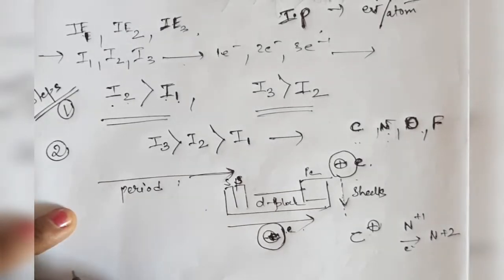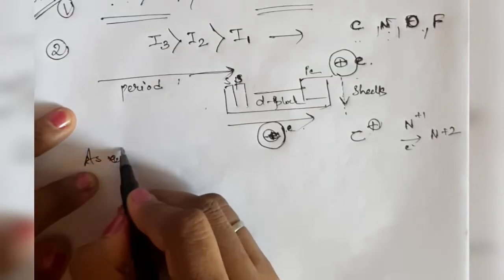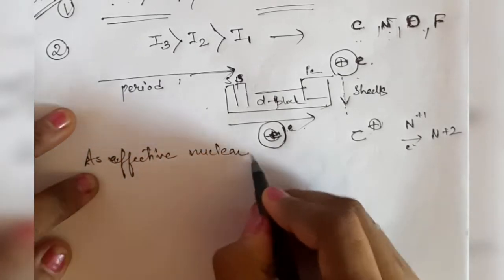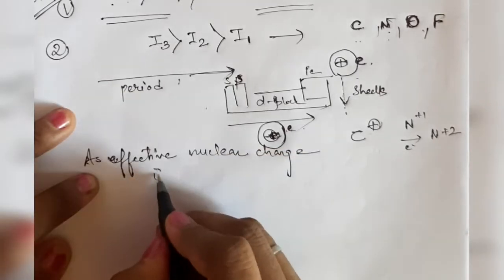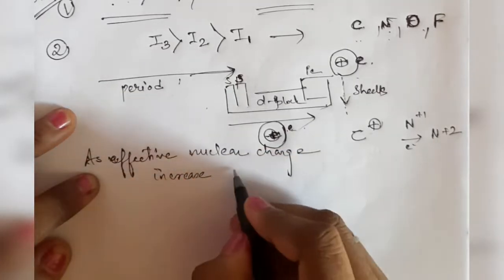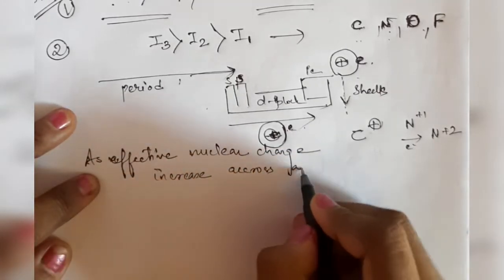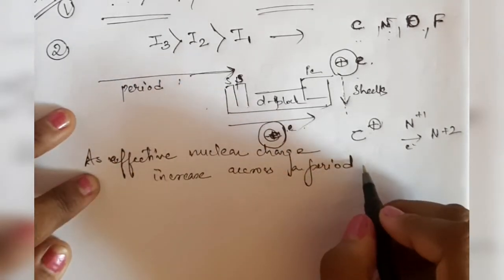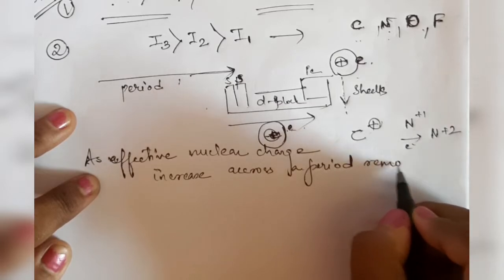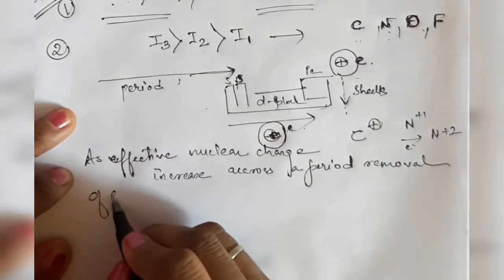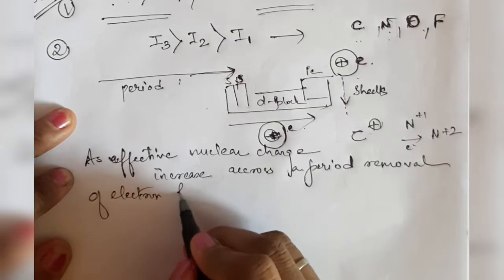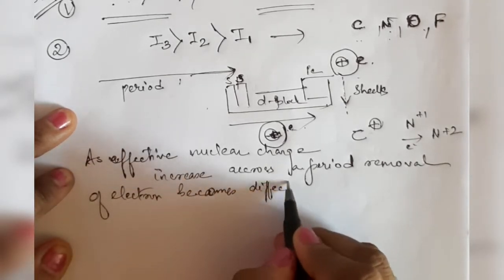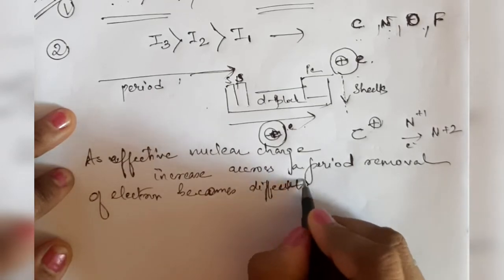So as your effective nuclear charge increases across a period, removal of an electron becomes difficult.